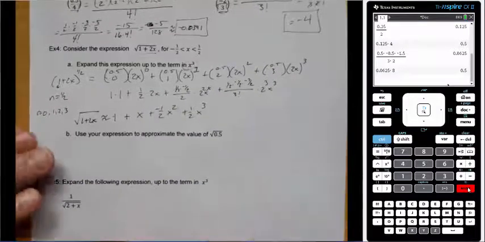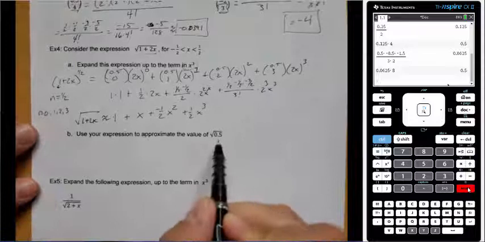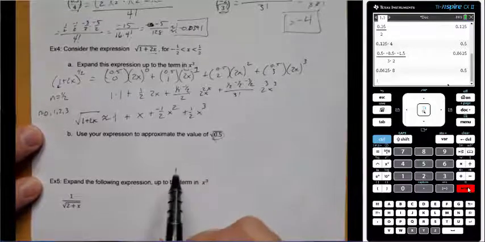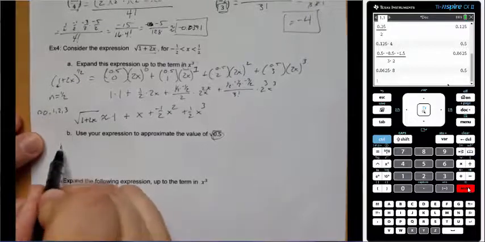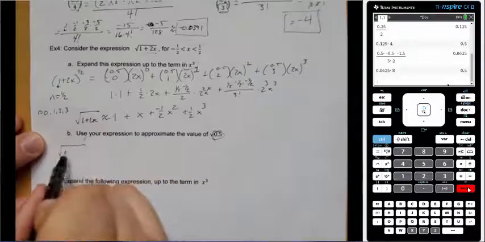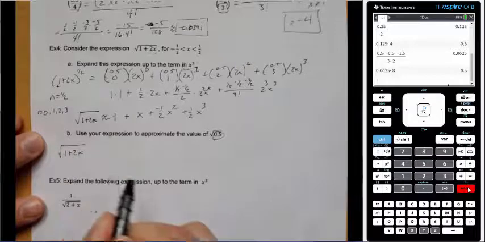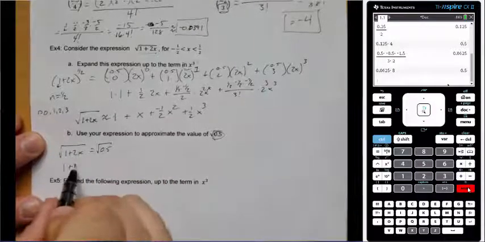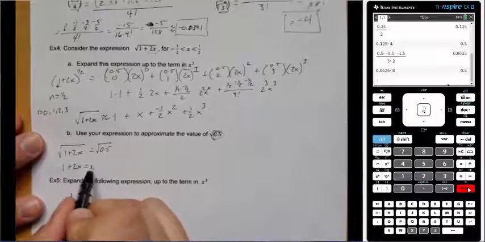I want to use this expression to approximate the value of the square root of 1/2. That means I'm going to use this polynomial. 1 plus 2x better be equal to 0.5.